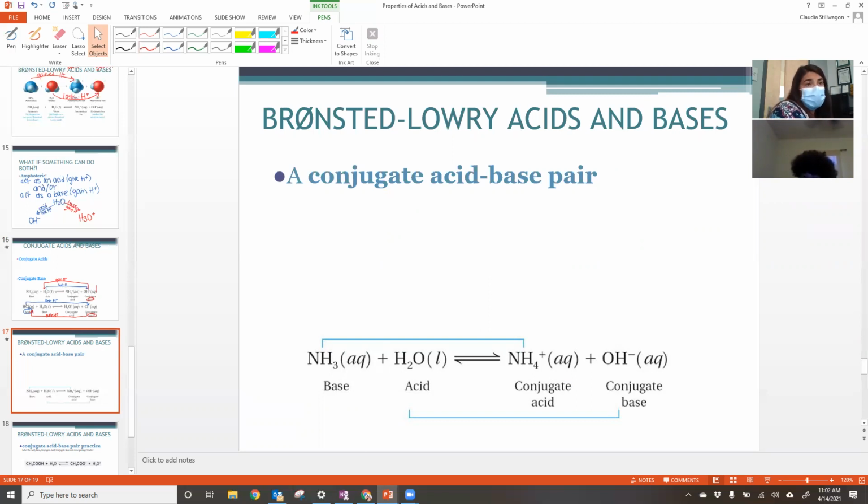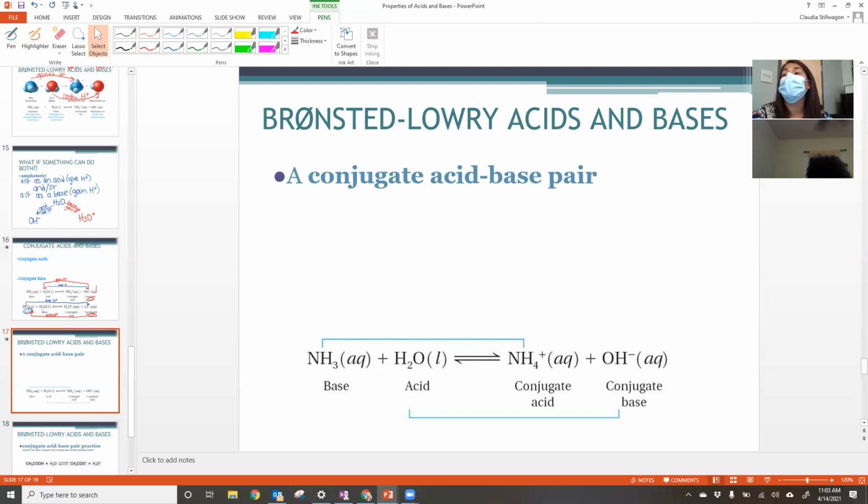And the base is always paired with a conjugate acid. That's literally what that blue line is showing.